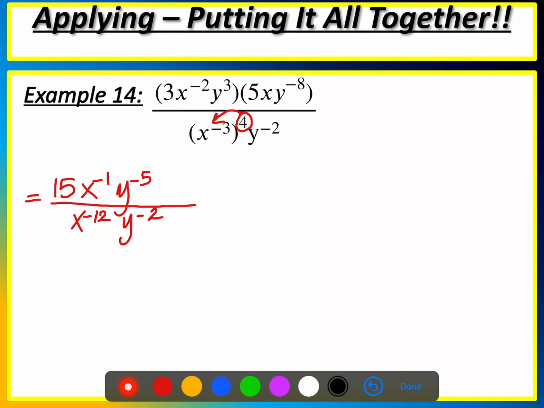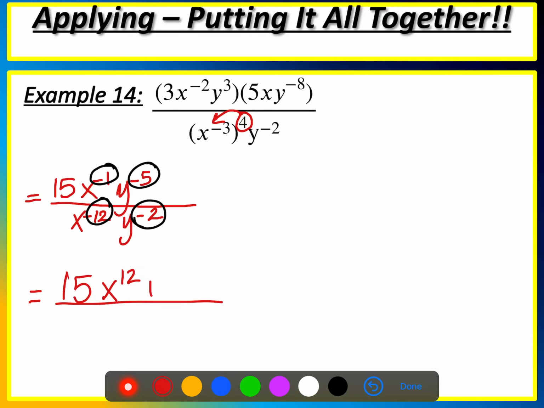All right, I'm now going to take care of my negatives. There's not really anything else I can do on the top or the bottom until that happens. So the only thing you can move are the terms with negative exponents. So you see 15 has no negative exponent. So that is going to stay where it is. Okay, but x to the 12th and y squared come up to the top.